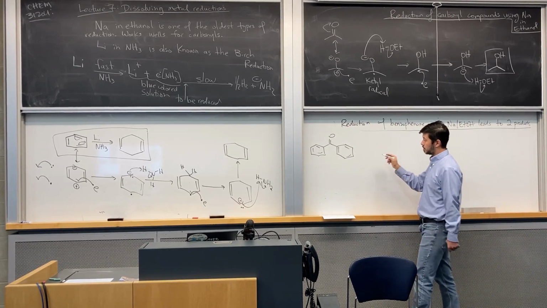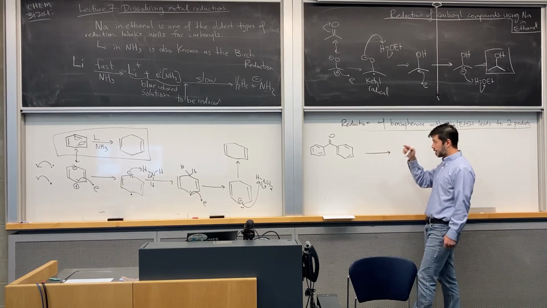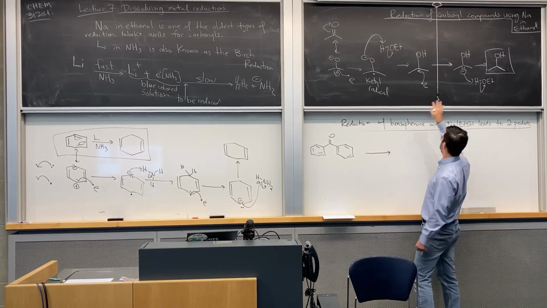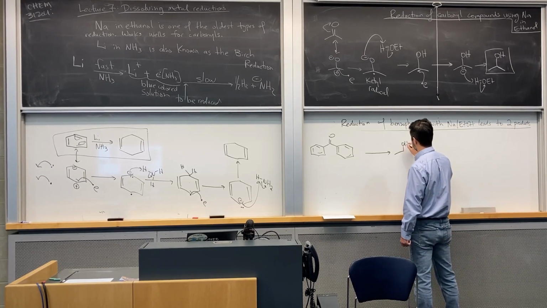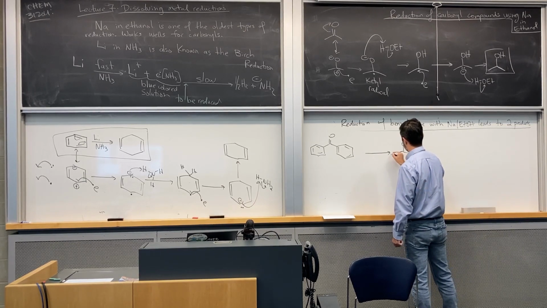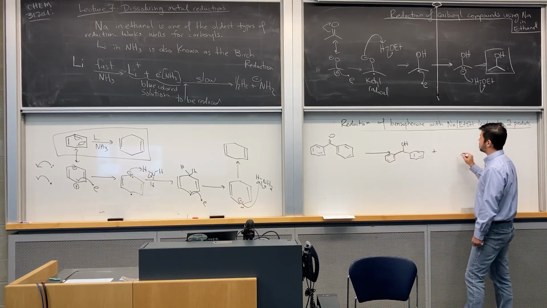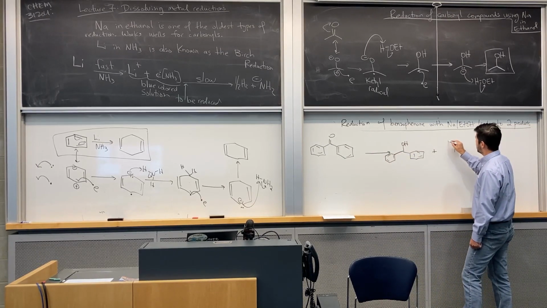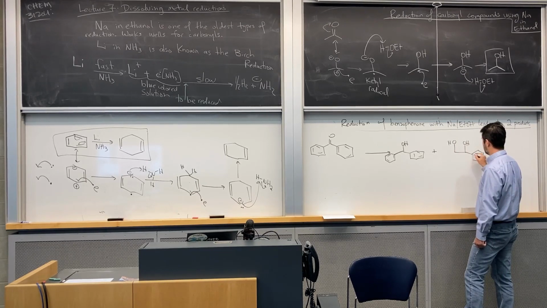So if you actually do this reaction, you're going to generate two products. One is the reduced form, which would be the alcohol, like we've seen up there. So let's draw that out. And the other one is actually this diol that looks like this.